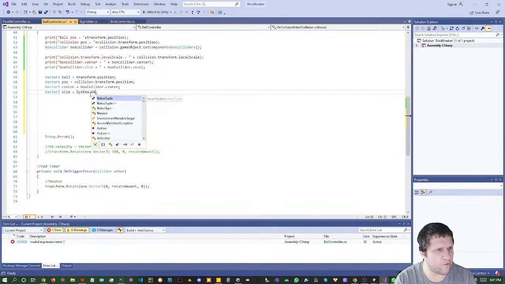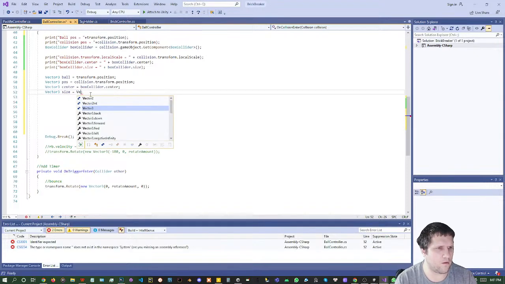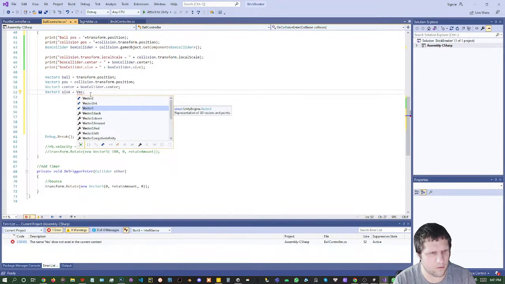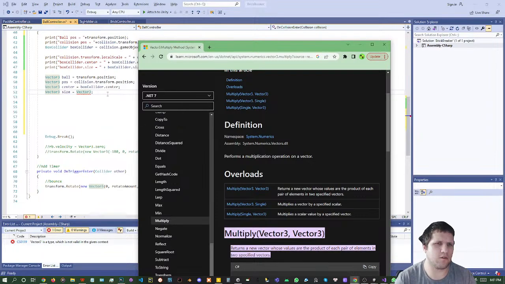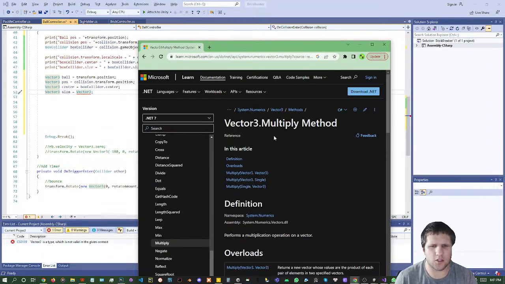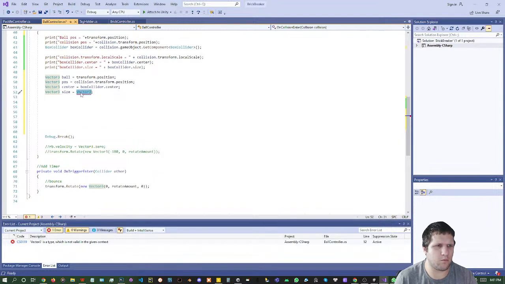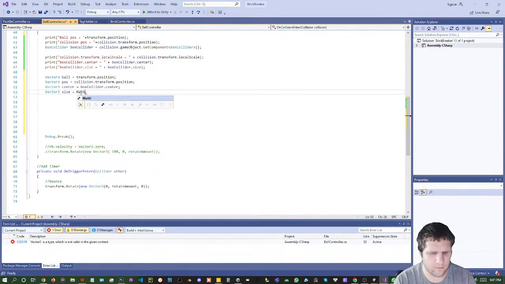Maybe if we type System dot... No, Vector3 is the UnityEngine Vector3, not the C# Vector3. System.Numerics. Well, what about Mathf?